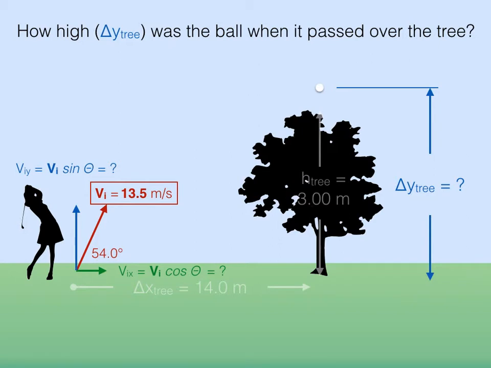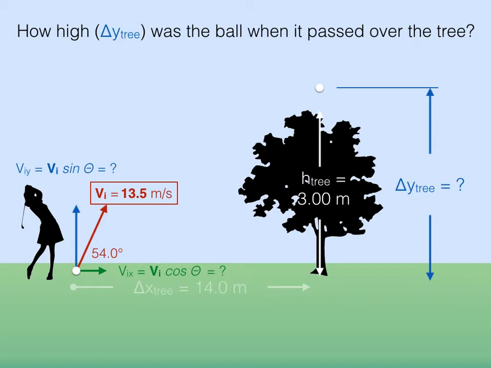When it gets to the point of the tree right there, what is that going to be? Again, we hope that it's going to be higher than the height of the tree. And that 3 meters, I just have as h, or height of the tree. That's just for reference. We don't really need that to find the height of the ball at that point.